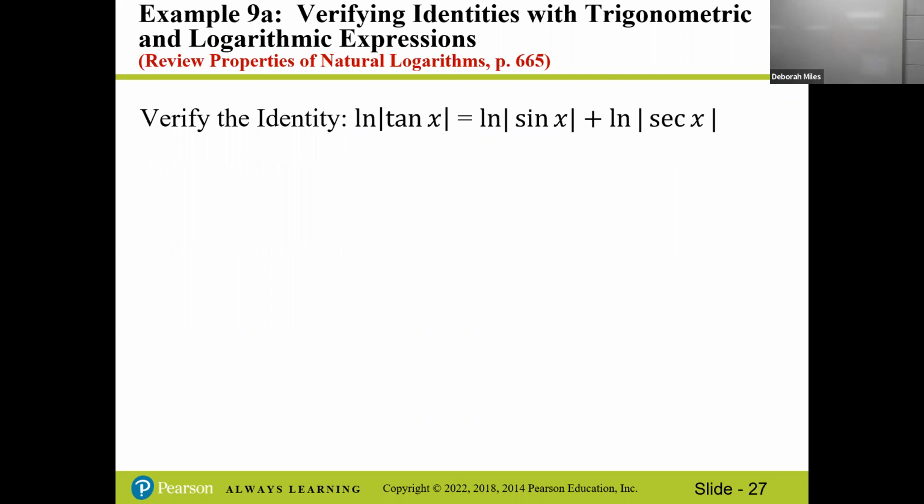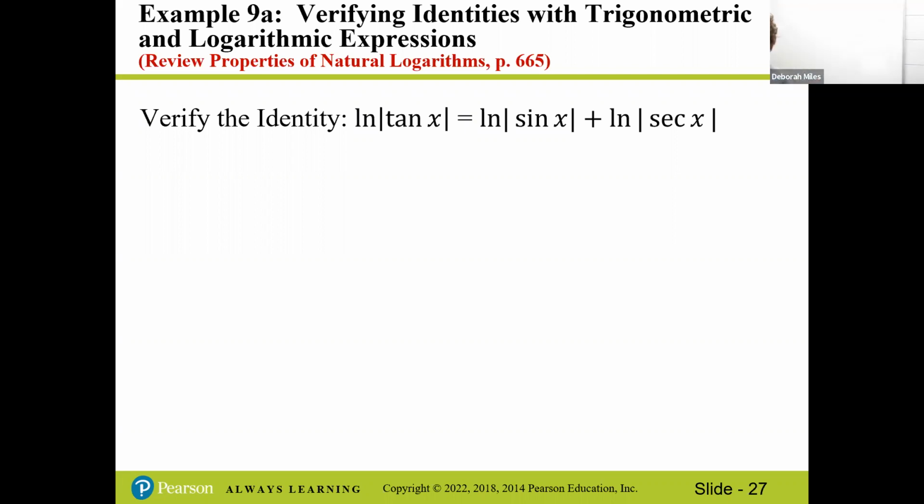We know that the log of a quotient can be written as the difference of 2 logs, or going backwards, the difference of 2 logs can be put back together as log of a quotient. And we know the log of something to a power, the power can just be put out front and multiplied by the log. So we have some tools. They're just not tools that are new to us with trigonometry.